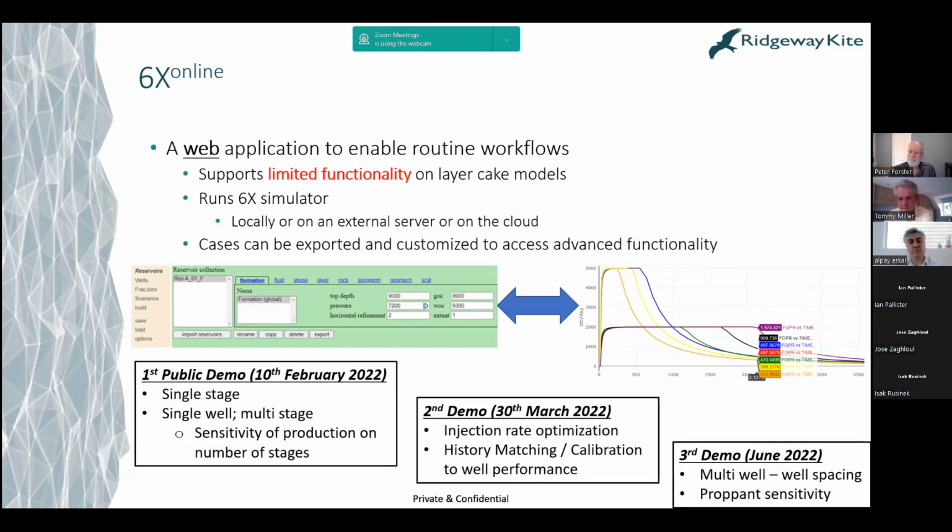Well, I'll carry on reading these out, though people are more than welcome to jump in and ask their own questions. So here's one, Pete. Have you verified the fracture lengths and heights with a standard frac simulator? Yes. You can tune the inputs to 6X to match the outputs from GOHFER or StimPlan or whatever.